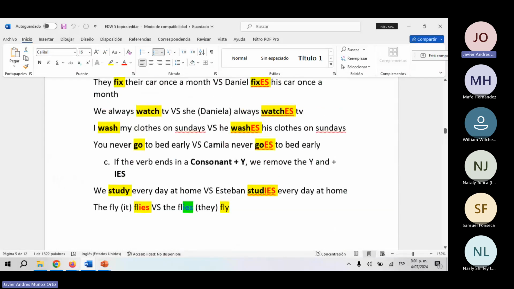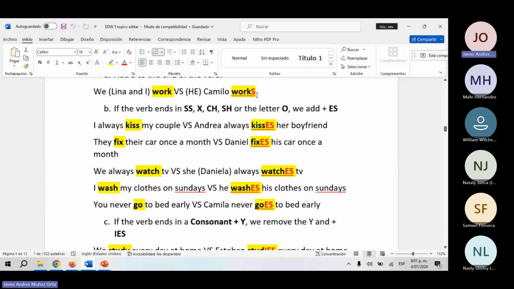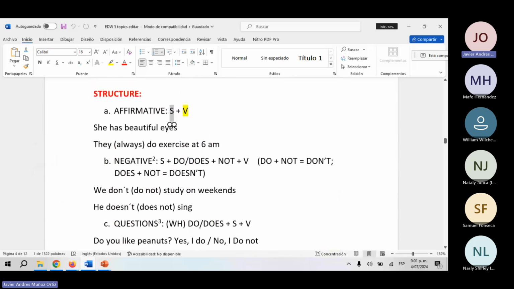The verb here is going to be modified if Mario, Martina, and Luna, the dog Luna, perform an action, because the verb is going to be changed by adding S, ES, or IES in those cases, if Mariana, Marcos, and Luna perform the action.